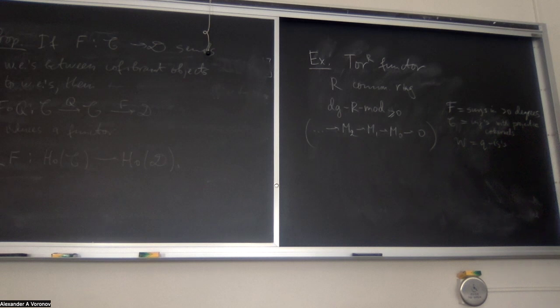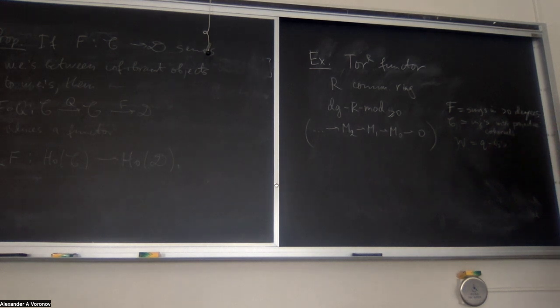There is also a model category structure in which weak equivalences would be chain homotopy equivalences. So that's a different structure, but we want this structure because we want true derived functors similar to what we are doing in homological algebra.